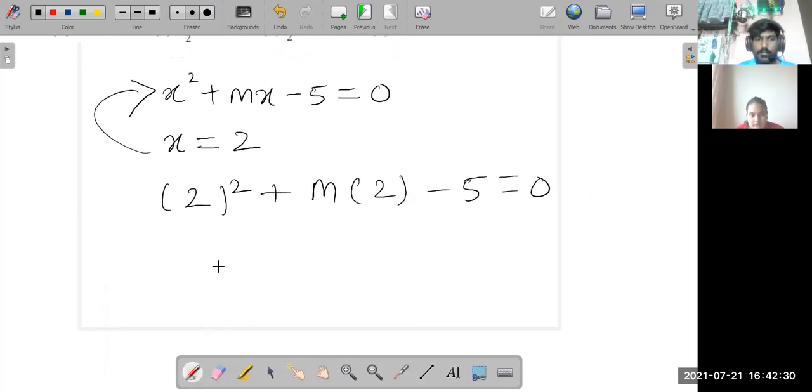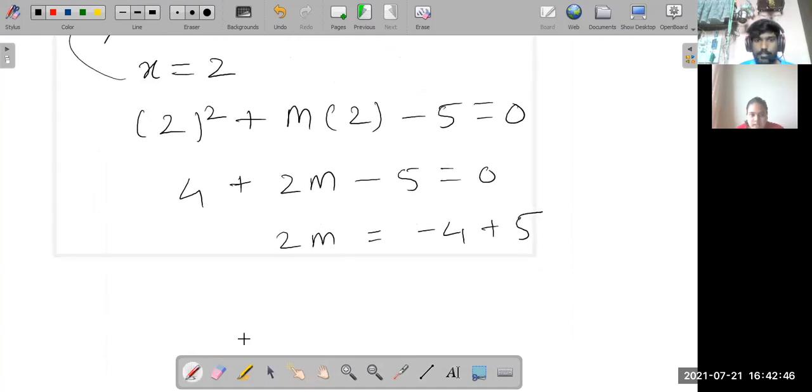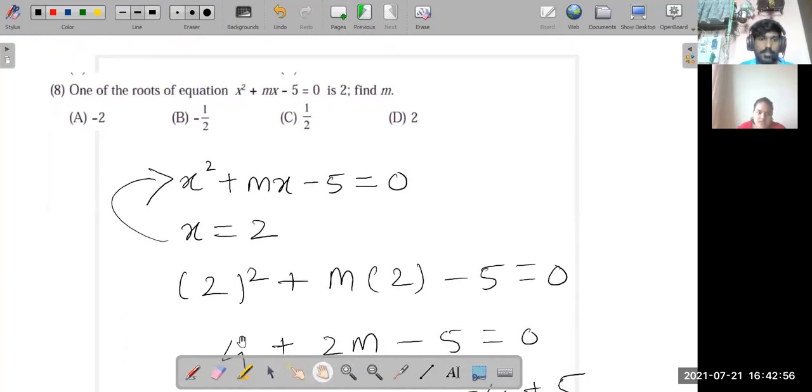So 4 plus 2m minus 5 equals 0. 2m we can keep as it is, and 4 minus 5 we'll take to the other side. So it will become minus 4 plus 5. How much is minus 4 plus 5? 1. So m equals half. So the correct option is Option C.